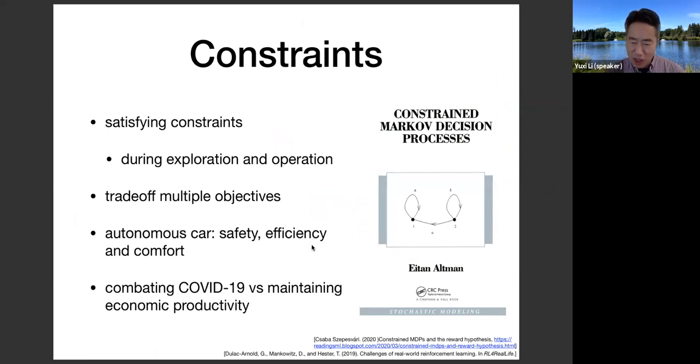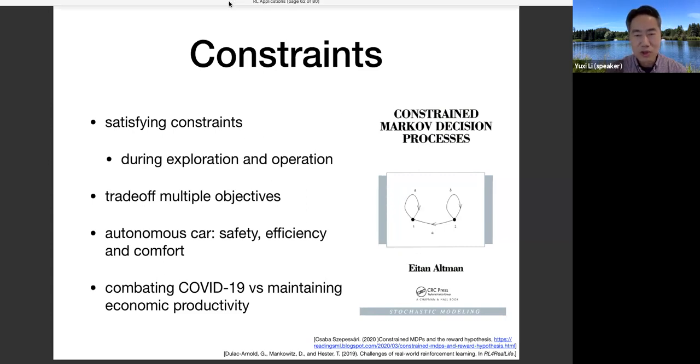If you check, say, Chabas, he has a blog about this, and also this paper is on arXiv. There are also people working on safe RL, safe reinforcement learning. If you check those, you can see how people put constraints into the actions, during exploration and operation.